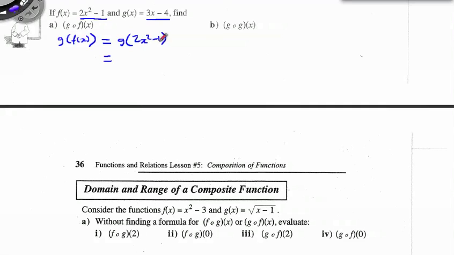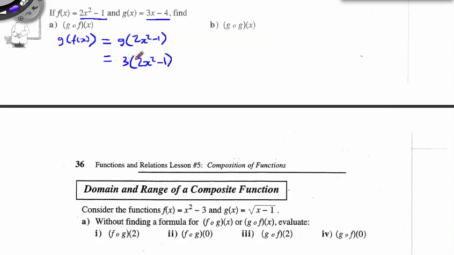And then we'll apply the g function. Whatever's in here represents the input for g. So this whole thing is going to get multiplied by 3, and then we'll subtract 4. So 3 bracket 2x minus 1 is our input value that we got from our output value from function f.